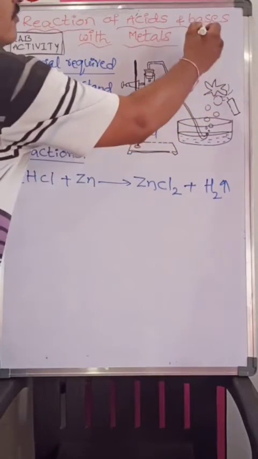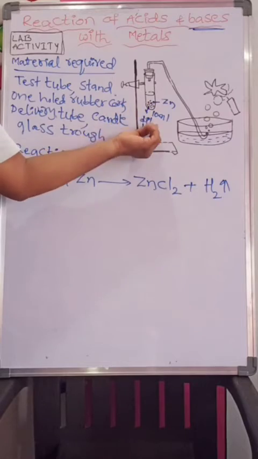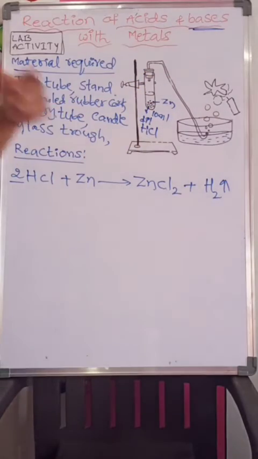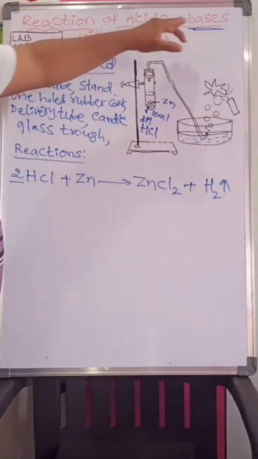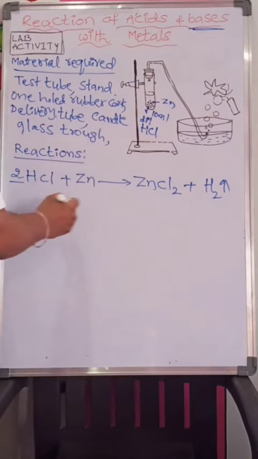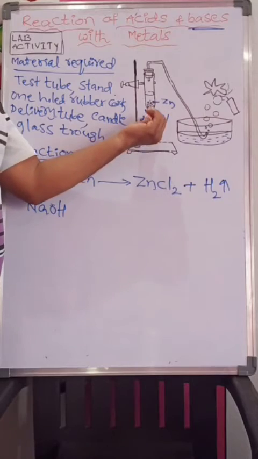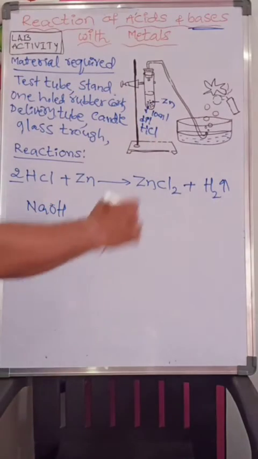Now here are bases. Instead of acid, we take some base: dilute NaOH instead of 10 ml of dilute HCl.